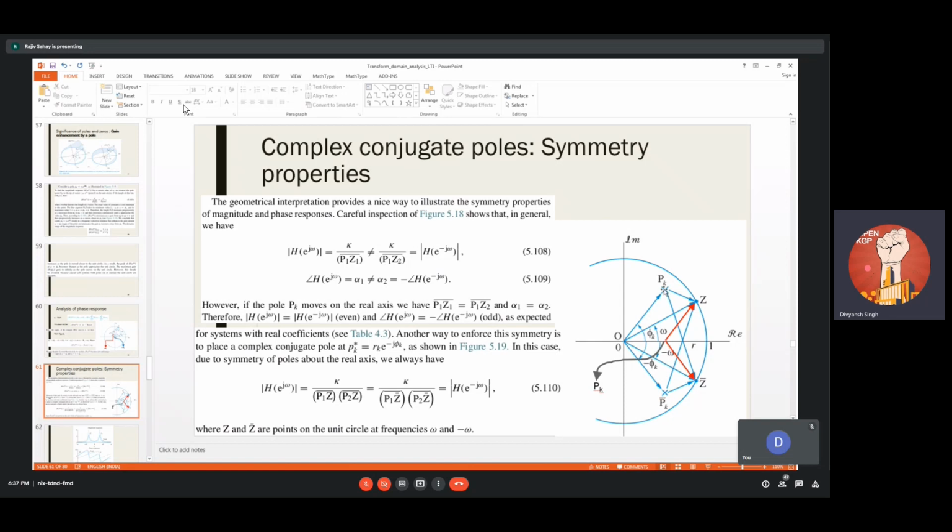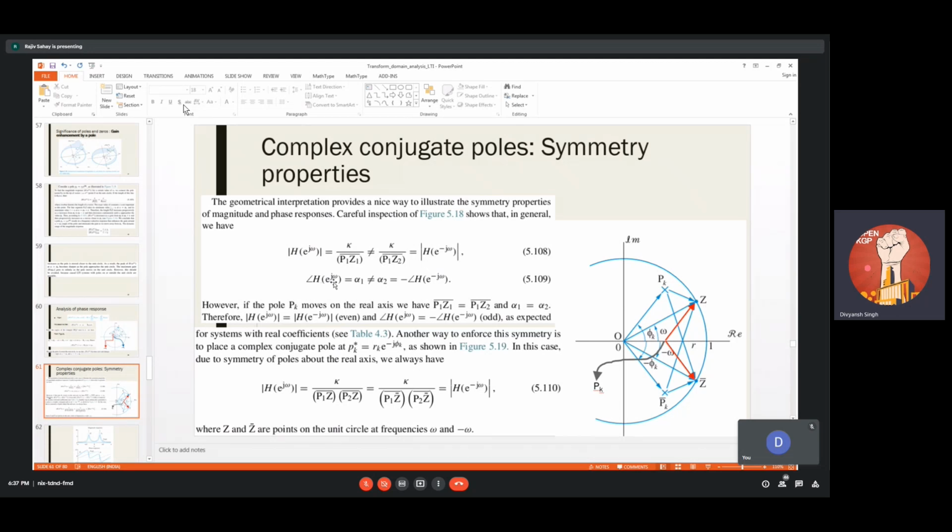In general, suppose pk is not equal to the complex conjugate of the other pole, then kappa by P1 Z1 is not equal to kappa by P1 Z2. These two lines are different, their lengths are different. So in general, mod of H e^{j omega} is not equal to mod of H e^{-j omega}.